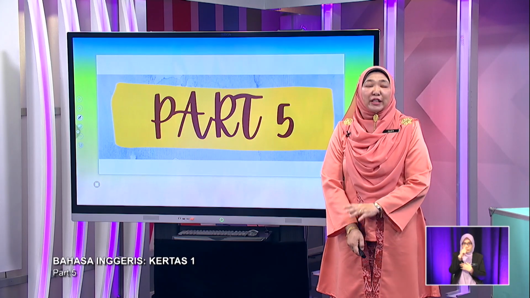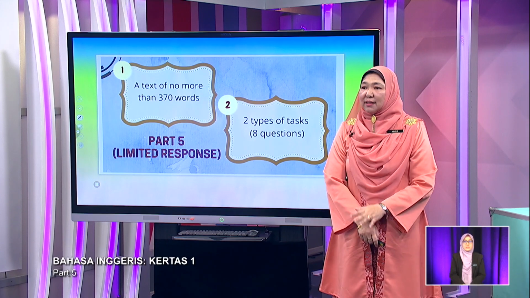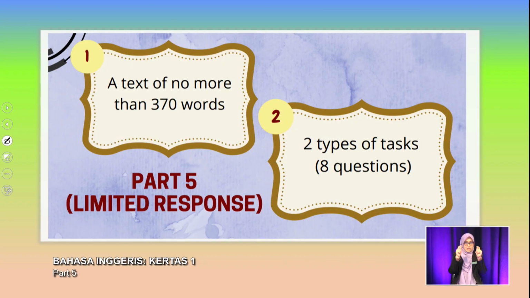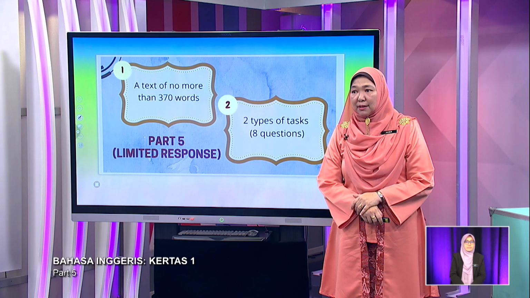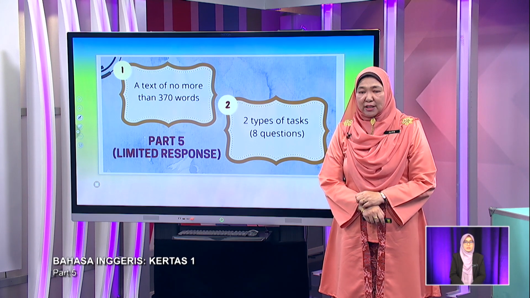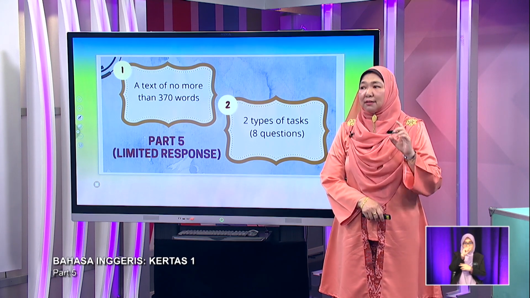In part 5, there is a text of no more than 370 words, and there are 2 types of tasks for this part. We call this part the limited response part. There are 2 types of tasks with 8 questions, so 4 for each task.